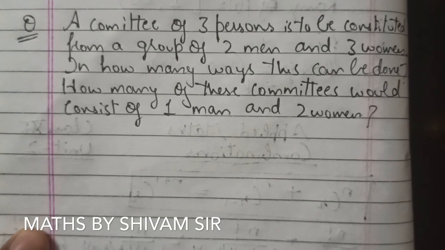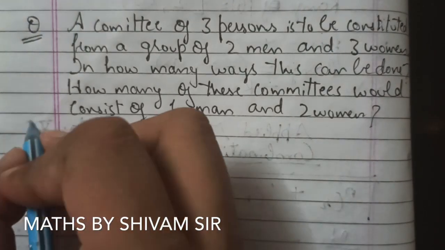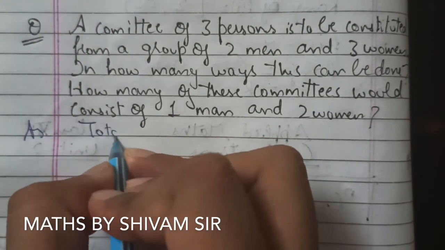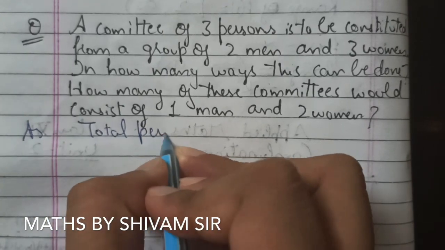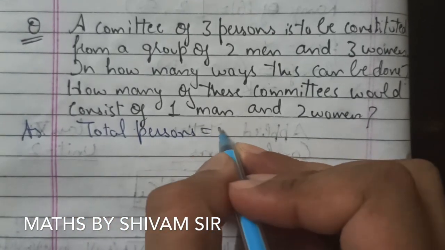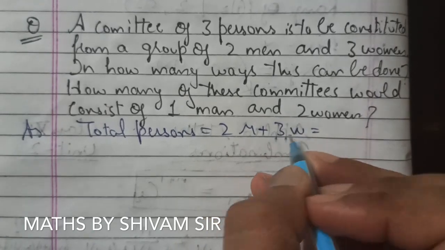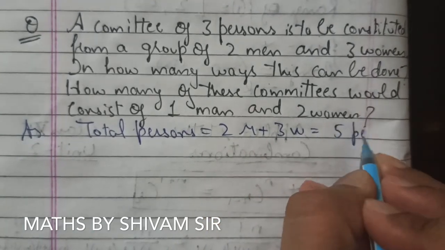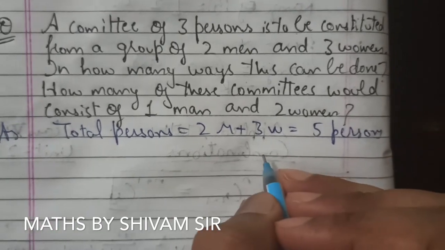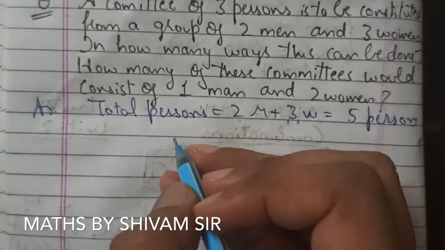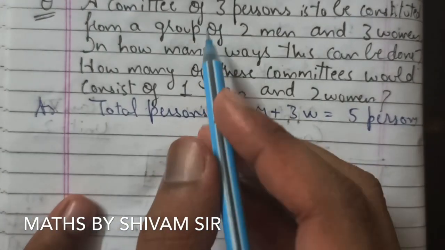Now total cases are how many? Total persons: 2 men and 3 women means 5 persons in total. Out of these 5 persons, we have to choose a committee of 3 persons.